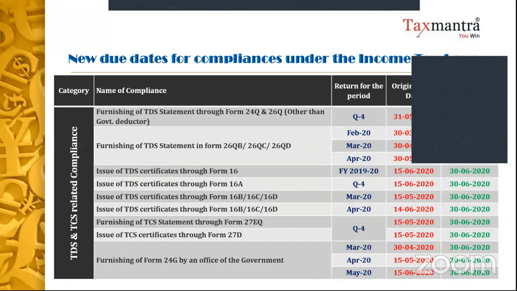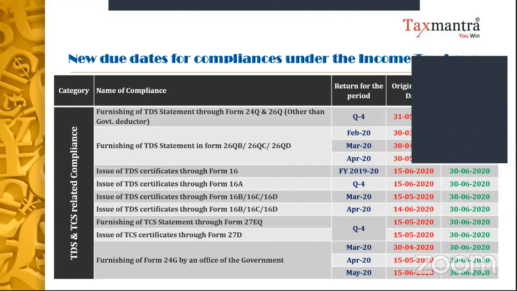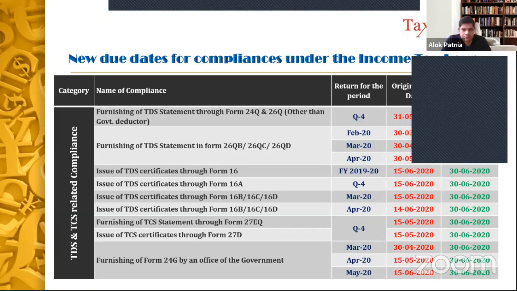Earlier, for the TDS certificates for the months of March and April, the dates were 15th May and 14th June. Now it has been extended to the 30th June.